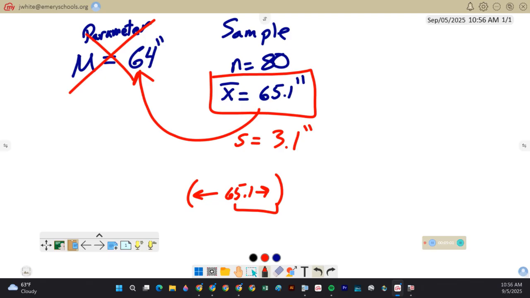Okay? And it's going to take into account two things. It's going to take into account how big the standard deviation of the sample is, and what else is it going to depend on? You didn't learn this, but can you figure it out? How can I be more sure?